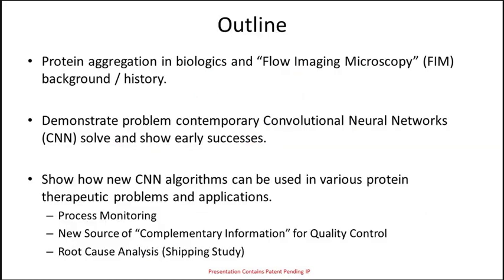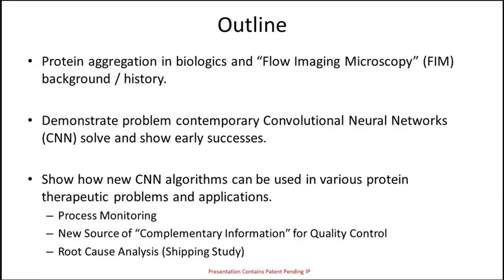In this talk, we are ultimately interested in showing new methods to quantitatively characterize protein aggregation in biologic products. I'm going to start by describing some background to this problem. The two main areas I want to start focusing on are protein aggregation and flow imaging microscopy. I'll then briefly introduce convolutional neural networks, or CNNs, and show what problems these methods have tackled in modern computer vision.